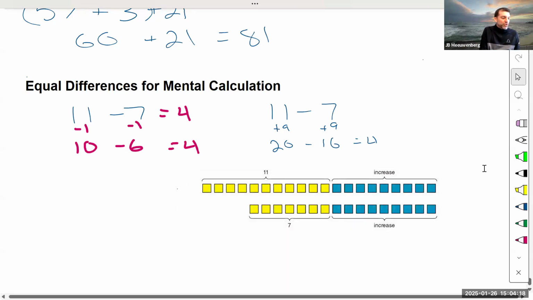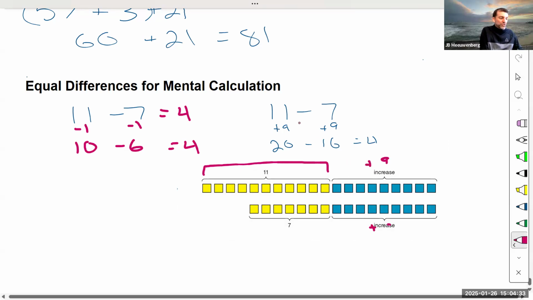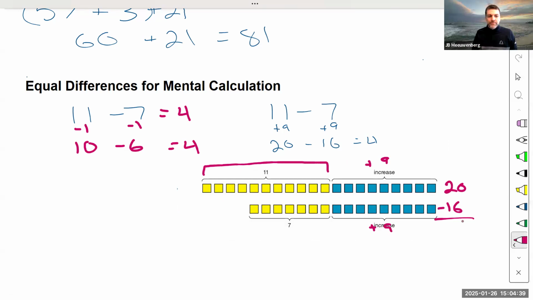The original subtraction problem that we're trying to find is this. 11 minus 7, what does that leave us with here? But if we add 9 to both of them, that's where this 20 minus 16 comes from. And again, that might just be an easier calculation for some people to work with. So you can adjust, right? That's what it's all about. It's okay to adjust both numbers.